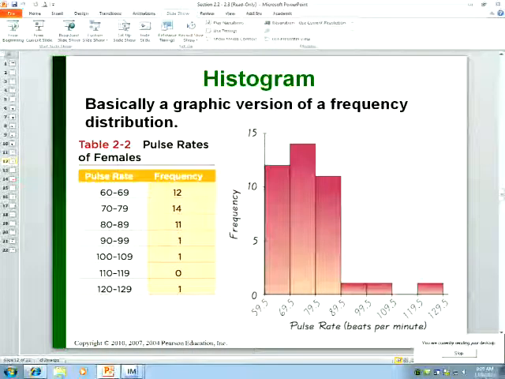If I used the lower class boundaries, if I used 60 and 70 and 80 and 90 along my horizontal axis, then into which class would the 60s fall? Or excuse me, into what class would the 70s fall? Would they be on this side of the fence or that side of the fence? They'd actually be right on the fence. So it makes more sense to use your class boundaries for the horizontal axis.